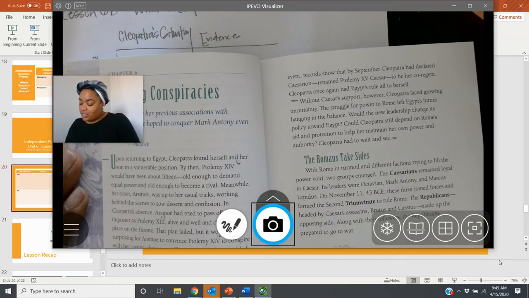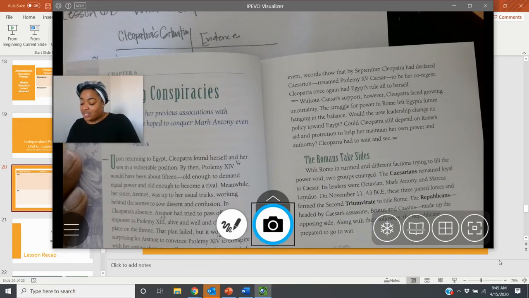Upon returning to Egypt, Cleopatra found herself and her son in a vulnerable position. By then, Ptolemy XIV would have been about 15, old enough to demand equal power and old enough to become a rival. Meanwhile, her sister Arsinoe was up to her usual tricks, working behind the scenes to sow dissent and confusion.